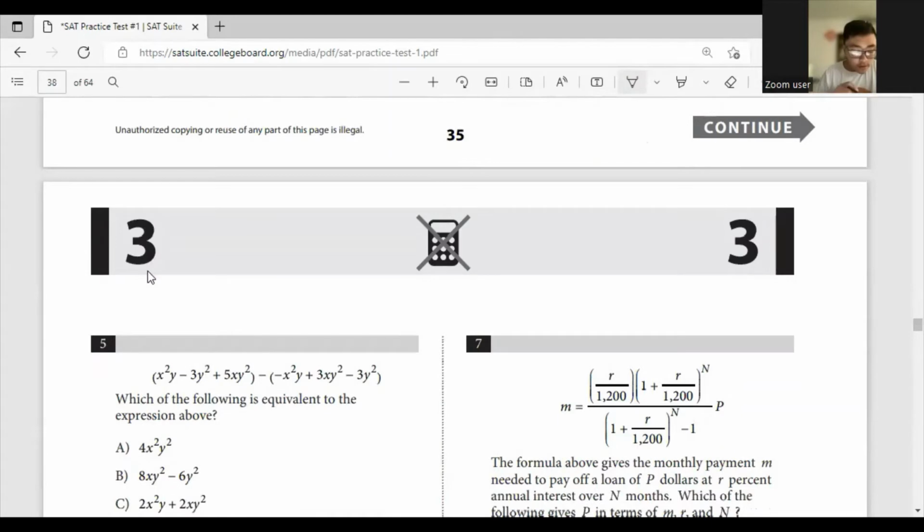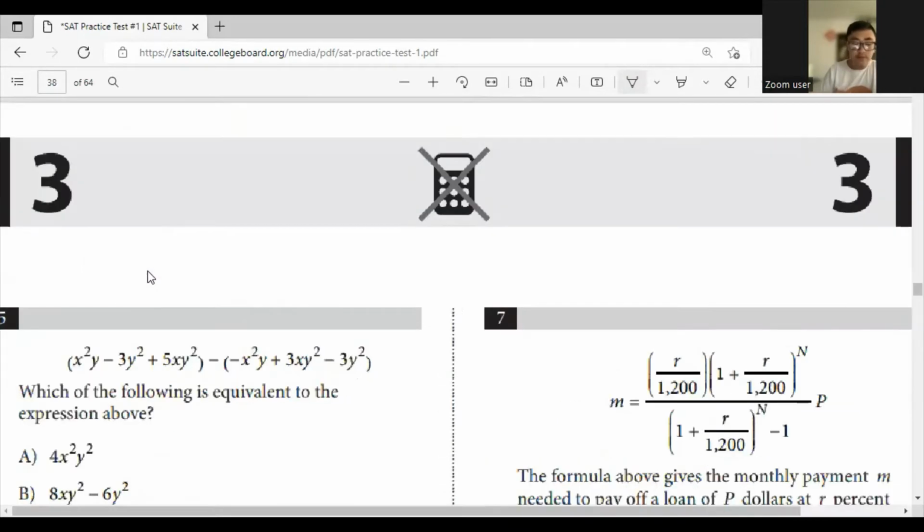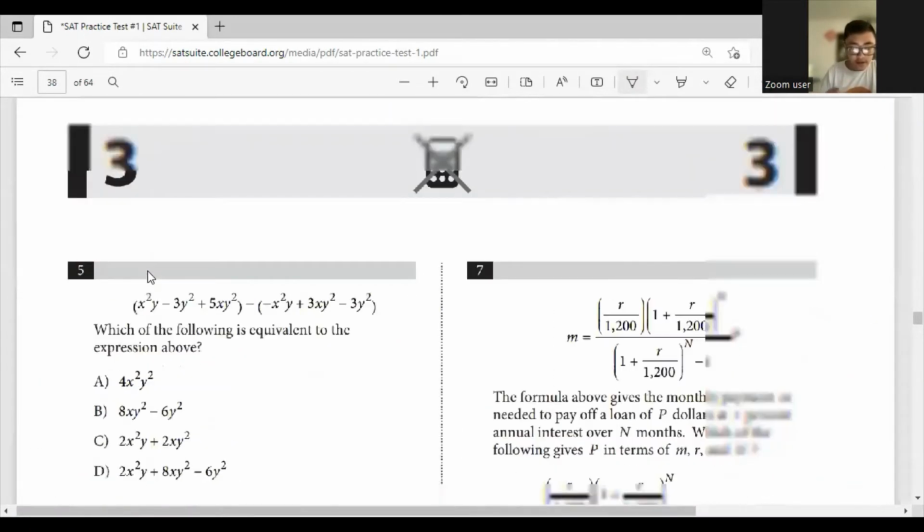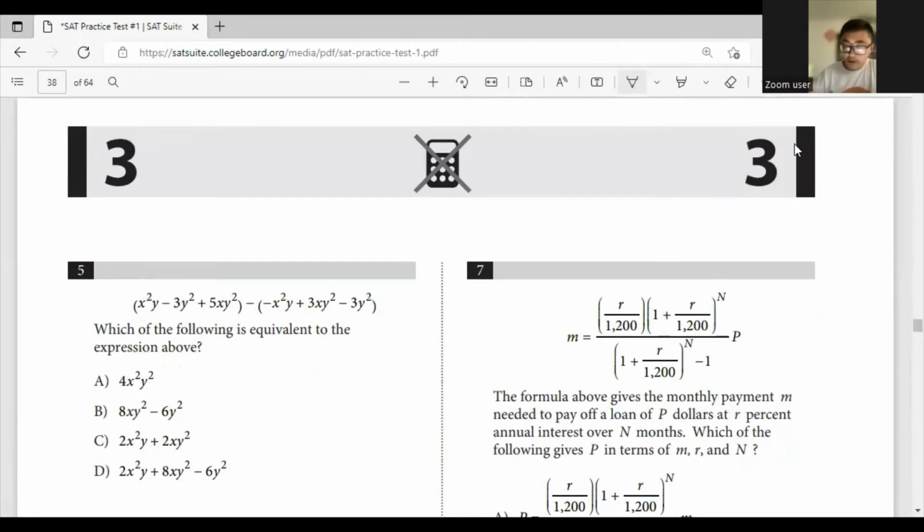Okay, number 5. Which of the following is equivalent to the expression above? When I see a problem like this, what I'm going to do is just combine like terms. So first, what I need to notice is what kind of problem this is. It looks like I'm subtracting this quantity from this quantity.